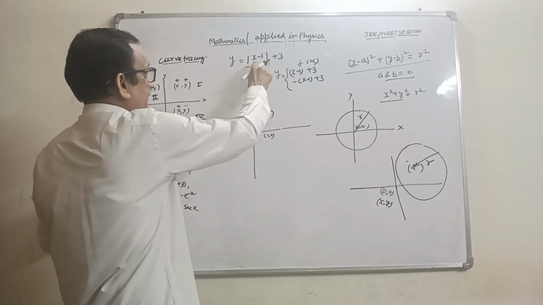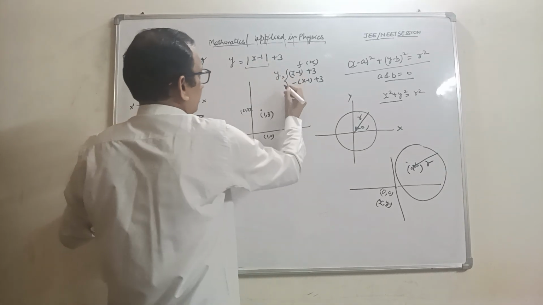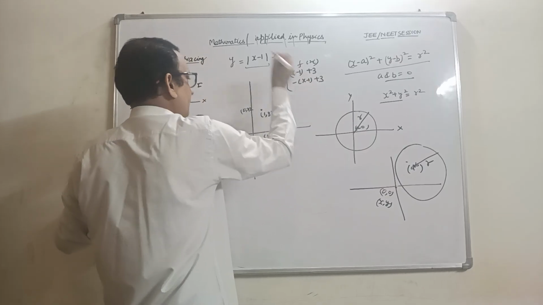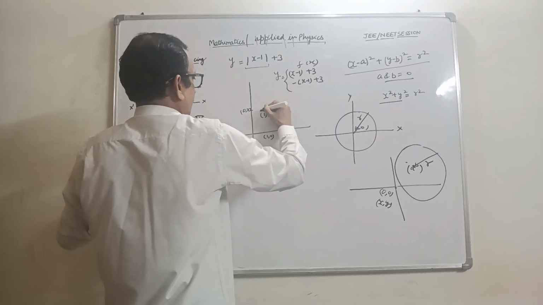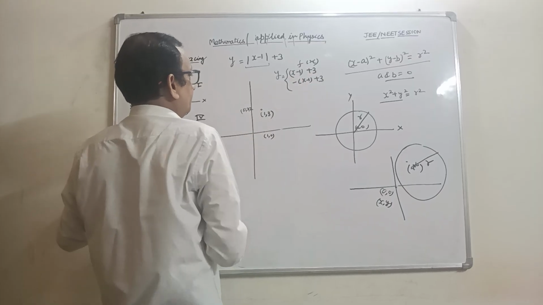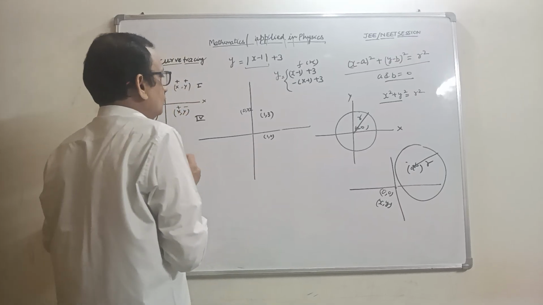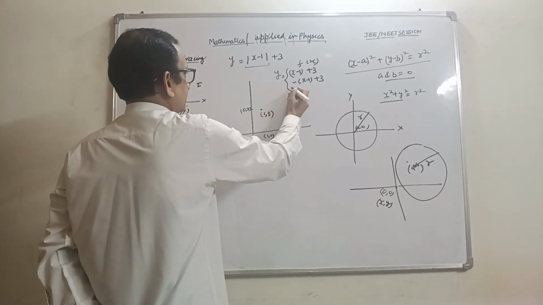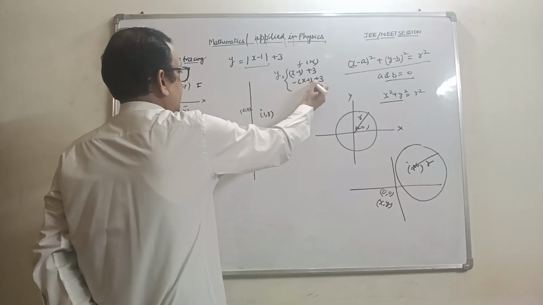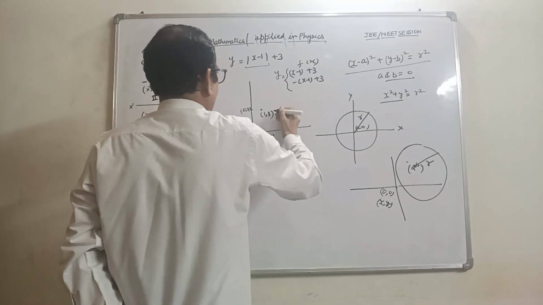For the value of x equal to 0, put the value x is equal to 0, so y will be plus 2. This means if we put x is equal to 0, y is equal to 2. And for x equal to 0 here, this would be 4.